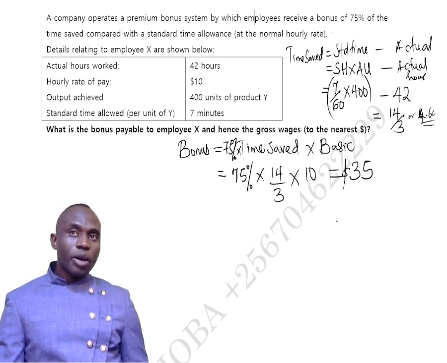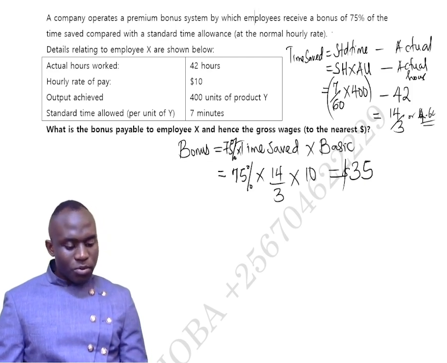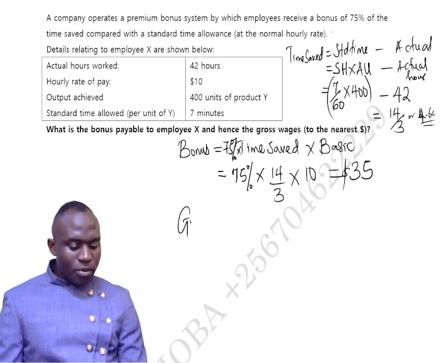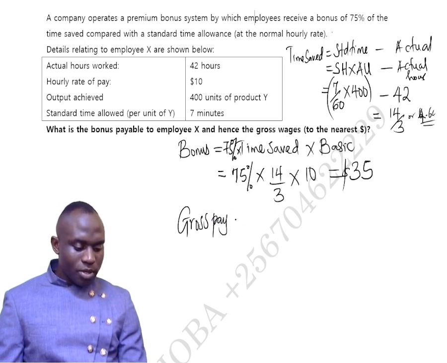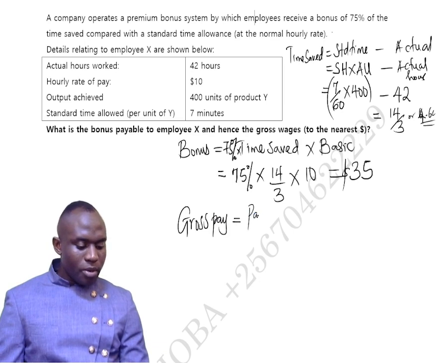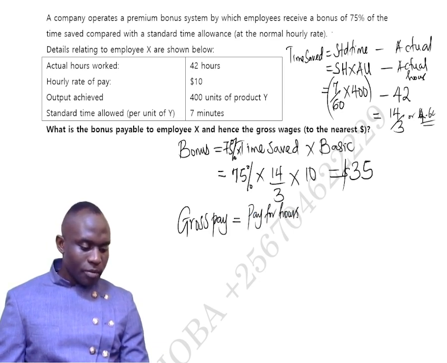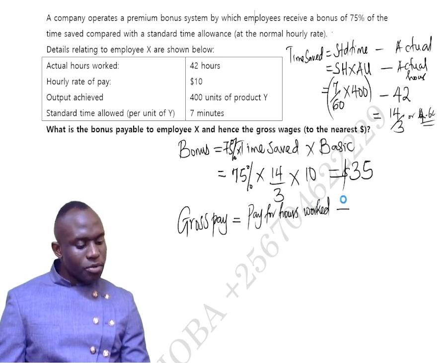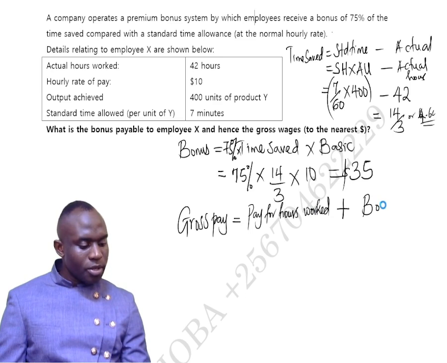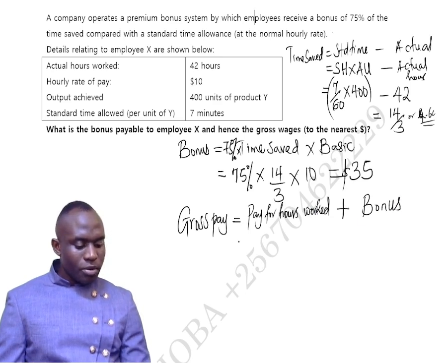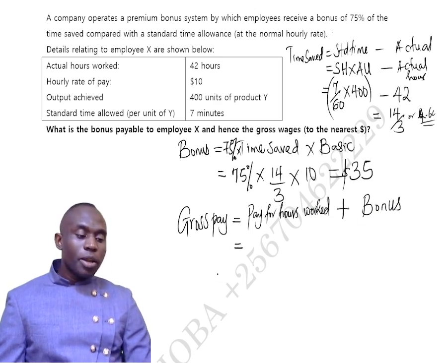Now the second requirement is calculate the gross wages. So what would be the gross wages? Gross wages is the gross payment. So gross payment is going to be the payment for the hours worked. Then we also add on the bonus payment to get our total payment. So how many hours were actually worked?